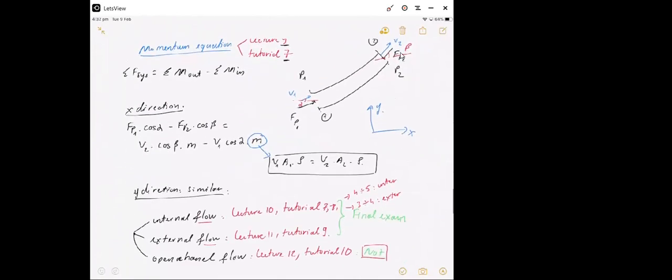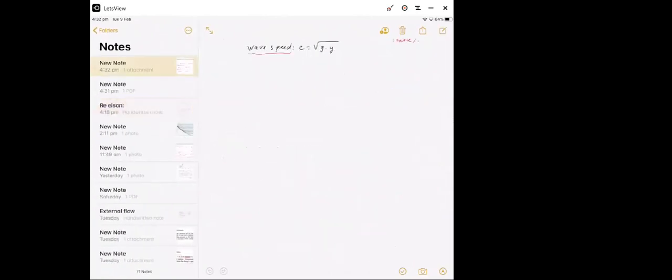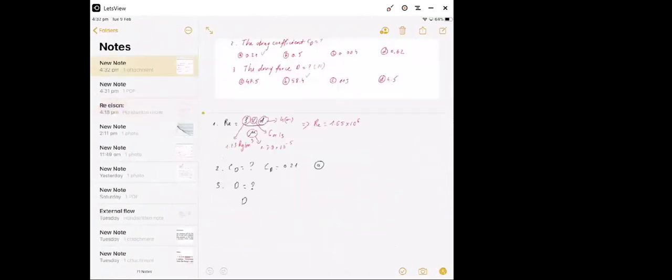Drag force here: D equals 1/2 rho v squared S CD. Okay. So D equals 1/2 rho v squared S CD.